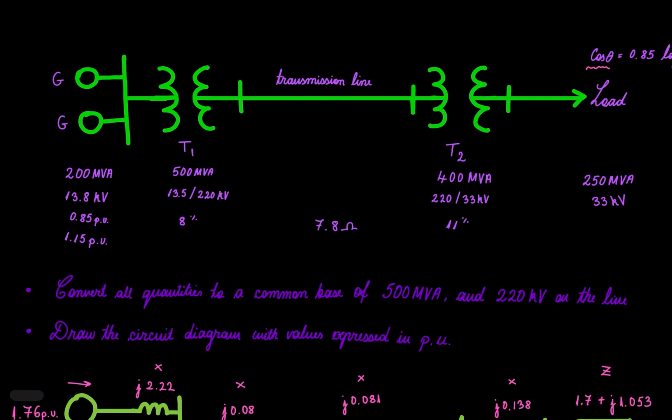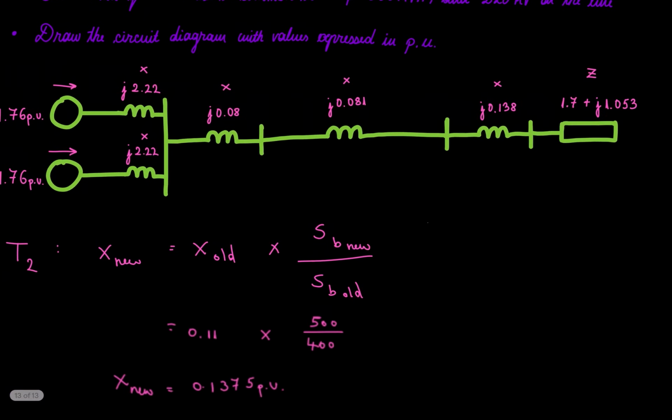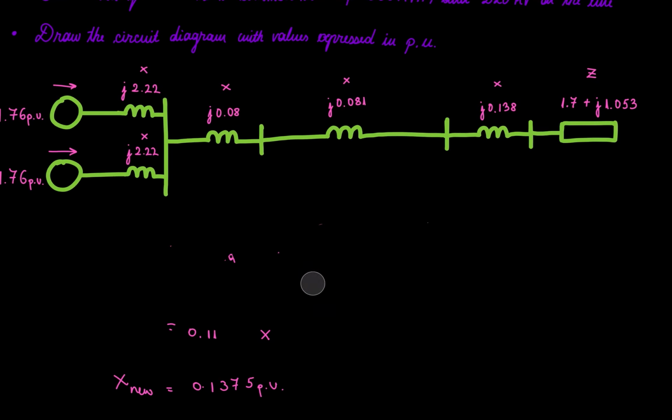And finally, for the load, we're going to have a bit more to do. First, we're going to have to find the real power, so P, for the load in per unit.